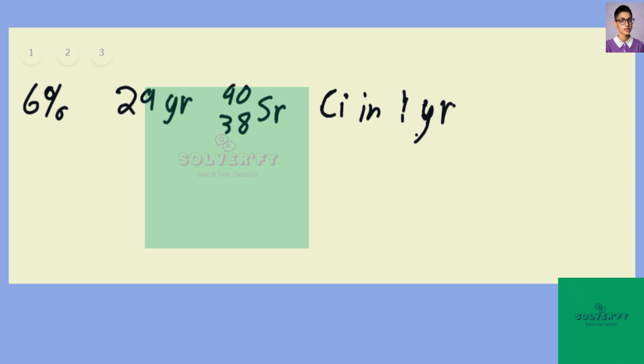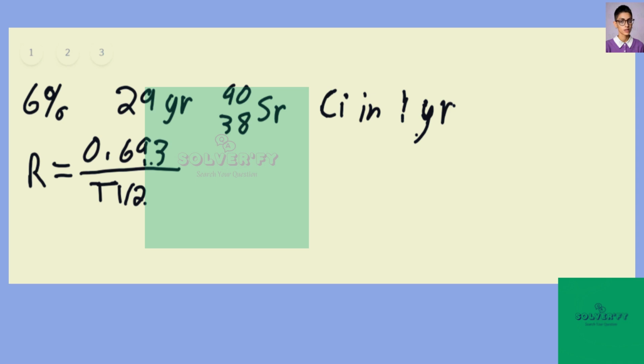The expression for the activity of a radioactive sample in terms of the number of radioactive nuclei is R equals 0.693 divided by the half-life time, times N, which is the number of radioactive nuclei.